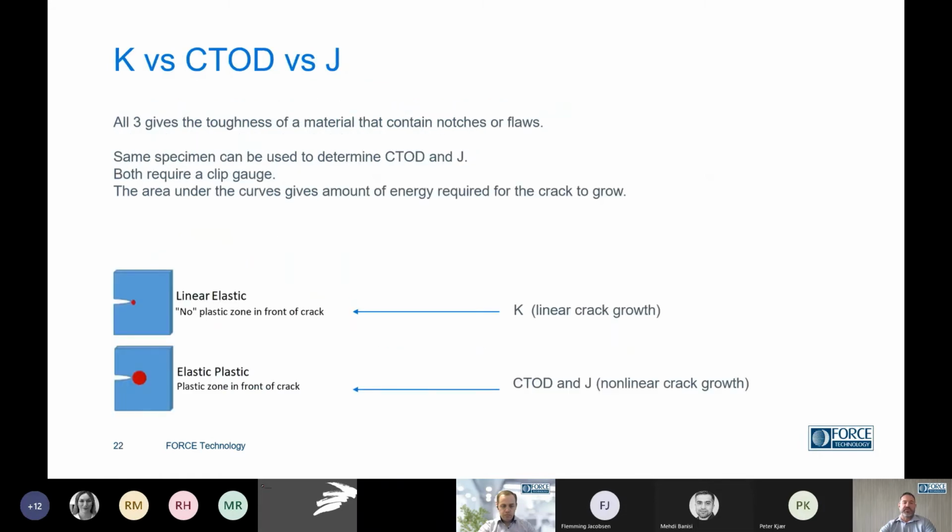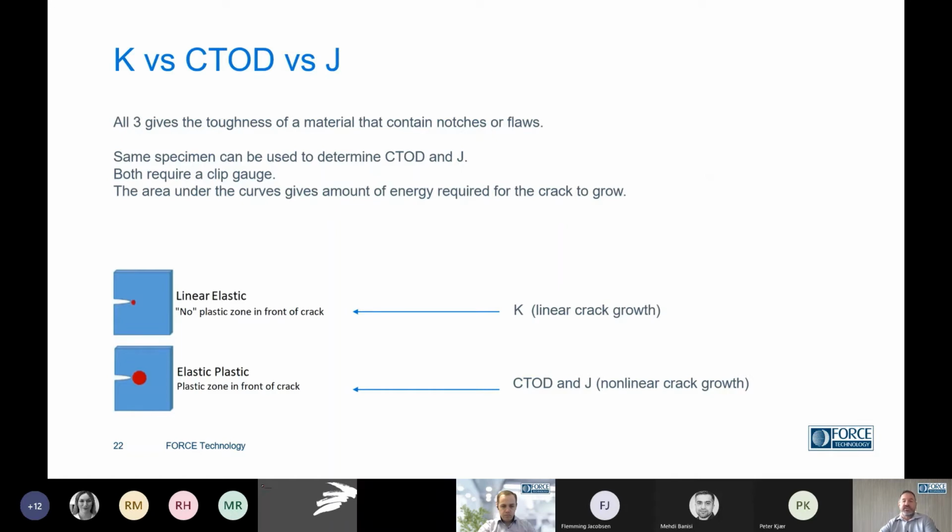So just a quick comparison of everything. K and CTOD and J, or J integral, all three give the fracture toughness. Now, the same specimen can be used. We can add instrumentation to all of them to understand what is happening at a very fine detail as the crack propagates.